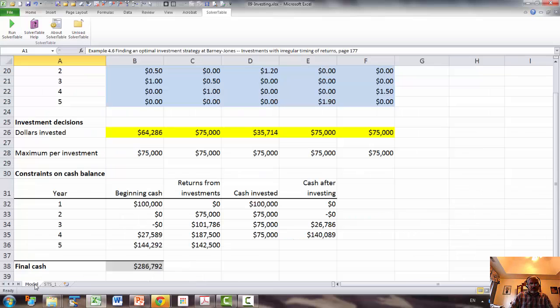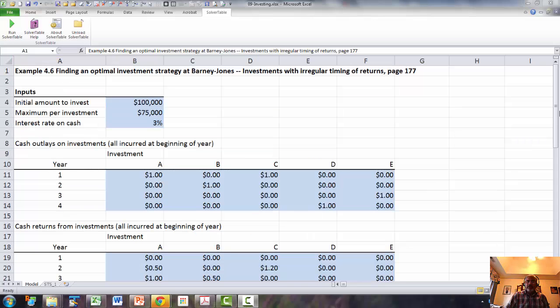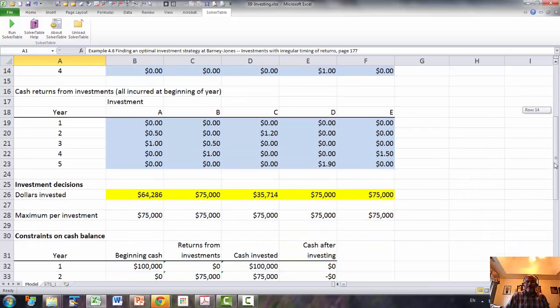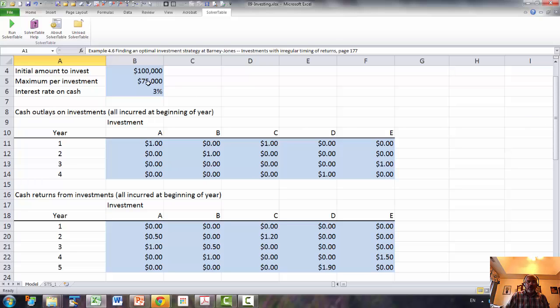Now we can do one more sensitivity analysis. Now let's suppose that we want to do a two-way solver table. Okay. And we want to look at the maximum per investment like before, and we also want to change the interest rate on cash.